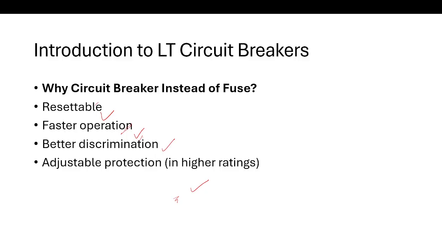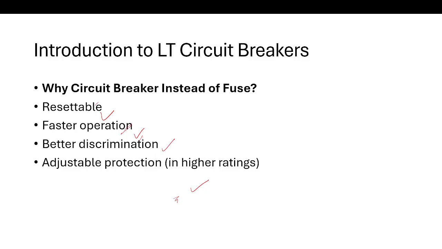For a circuit breaker, it trips and just opens the contacts when it detects overload or short circuit. After clearing the fault, it can simply be reset. There are two mechanisms: it gets reset automatically or manually. No replacement parts are needed, and it reduces maintenance cost and downtime.